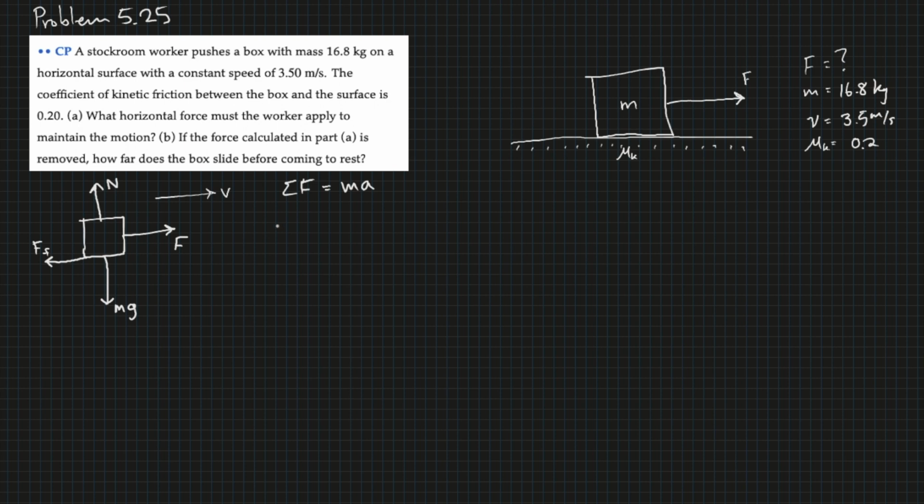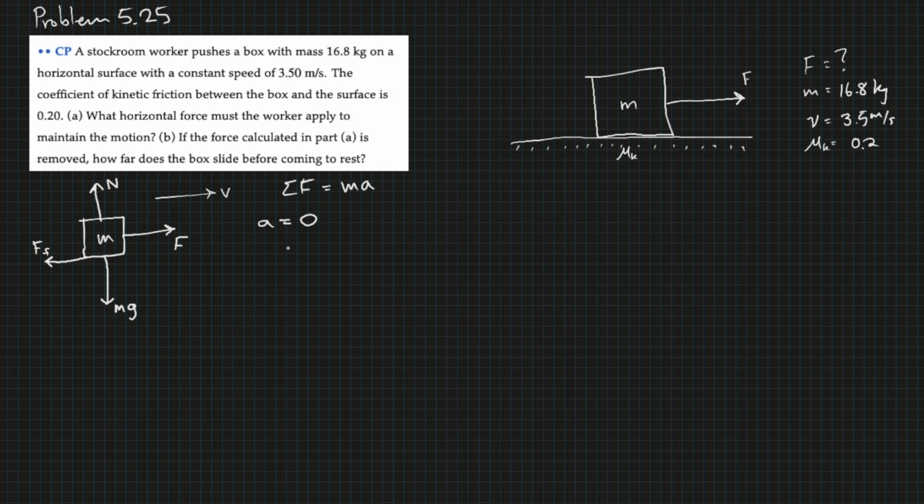What's really important to notice in how this problem is worded is that, at least for part A, we have a box that is in constant motion. It's moving at 3.5 meters per second, which means if it's constant, it is not accelerating. So a really important thing to recognize here is that our acceleration in this problem is 0, at least for part A here. We'll deal with part B in a sec.